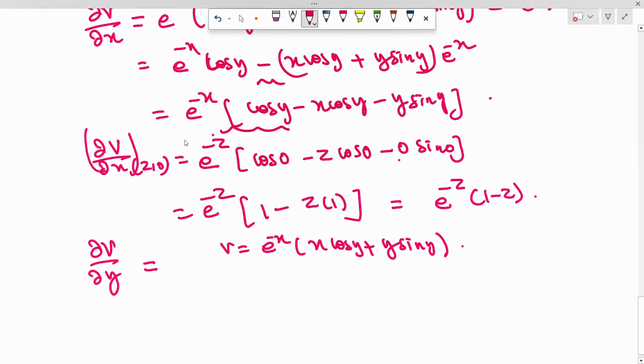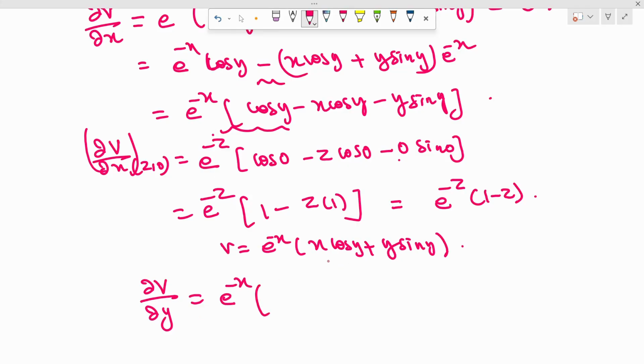Now calculate dou v by dou y. e power minus x is constant here because we are differentiating with respect to y.